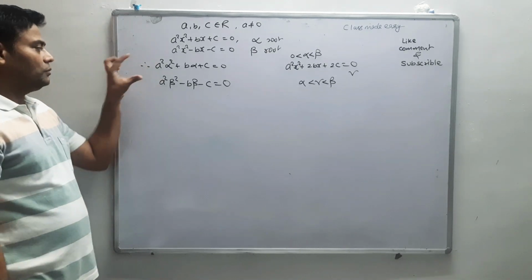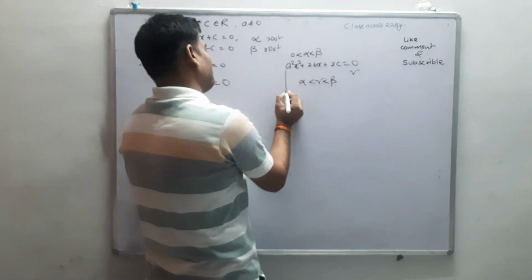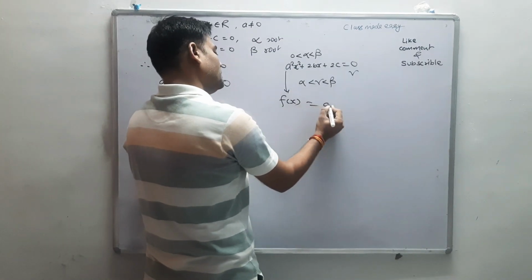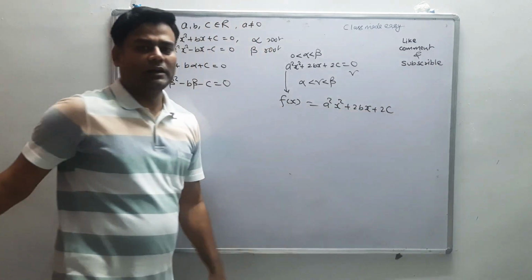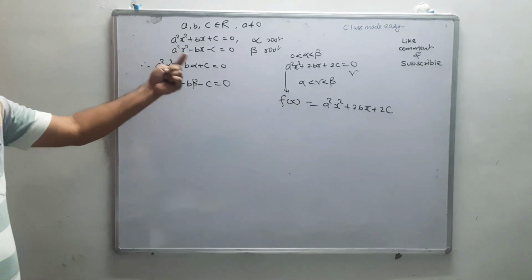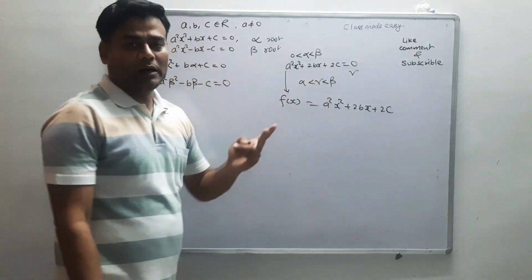So we have two conditions here. Now if I assume this as f(x) = a²x² + 2bx + 2c, this is a function. We have to prove the root of this f(x) lies between alpha and beta.